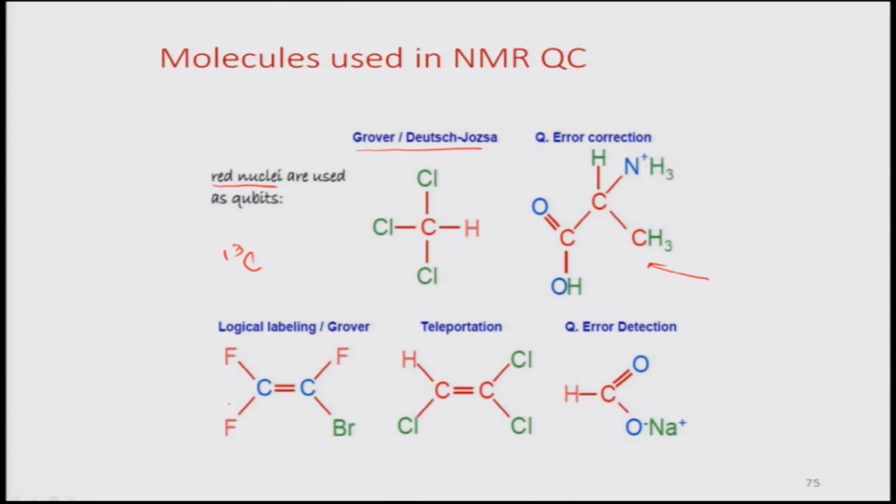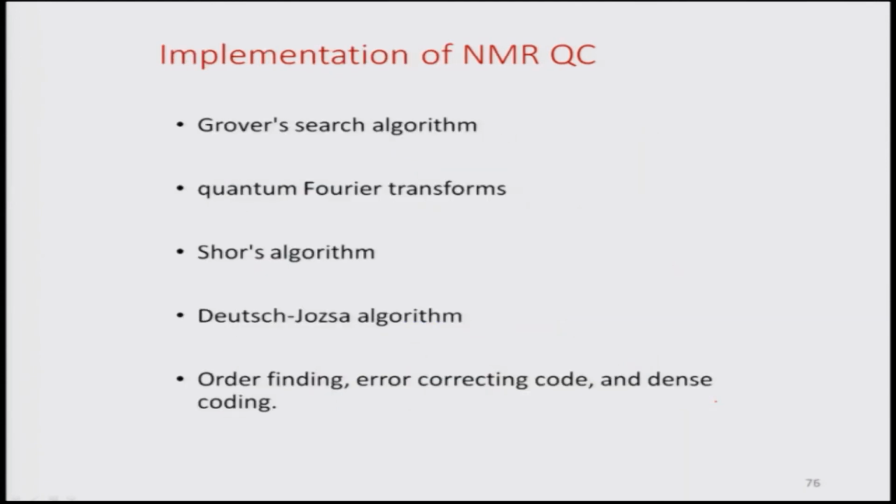In terms of teleportation, a proton and 2 carbons in this kind of a molecule, and in terms of error detection, a proton and a carbon has been shown. So, several different molecules have been used for quantum computing using NMR, and Grover search algorithm, quantum Fourier transforms, Shor's algorithm, DJ algorithm, Deutsch-Jozsa algorithm, order finding, error correction codes and dense coding, all these have been shown to be possible using NMR quantum computing.